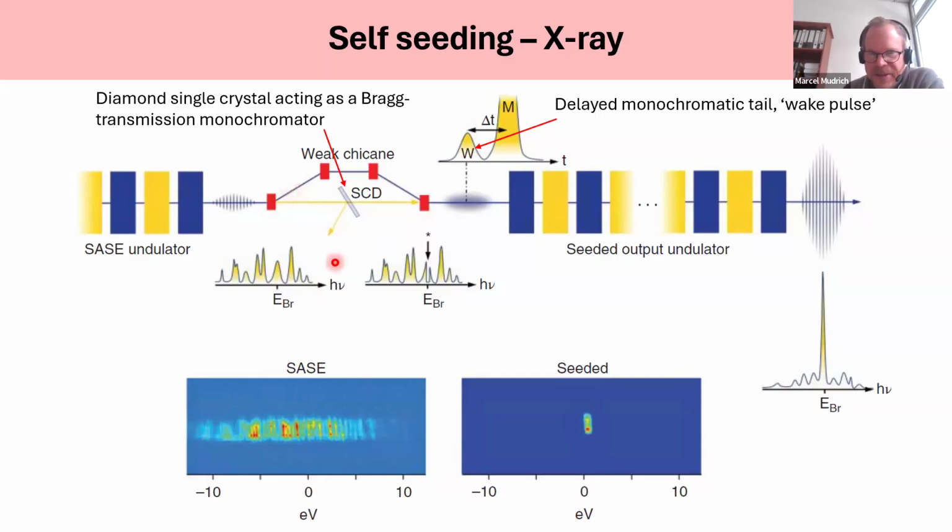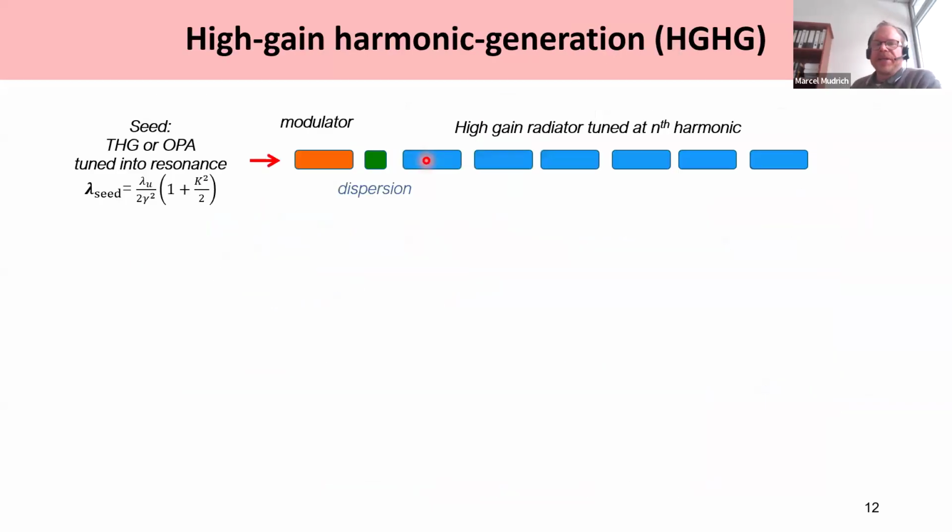So the seeding process for X-rays only works in the self-seeding scheme, but in the EUV range, or the extreme ultraviolet, there is a way to actually use an external, well-controlled femtosecond laser to do this seeding process.